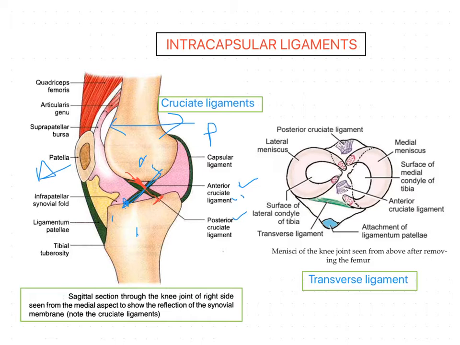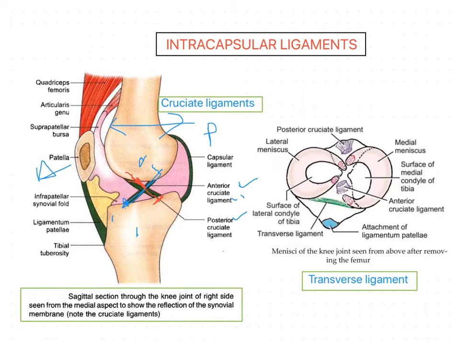It is taut during flexion. During flexion it becomes very tight. Okay, and these ligaments are supplied by the middle genicular vessels and nerves. So this is about the cruciate ligaments.